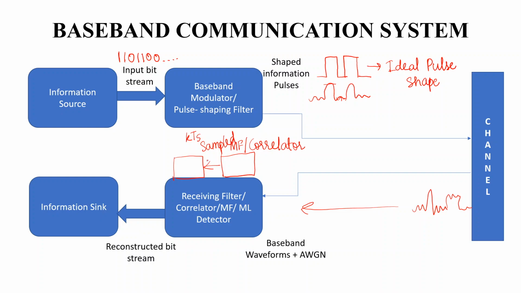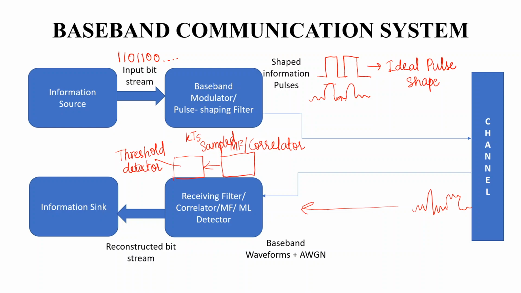This sampled output from the correlator will now be given as an input to the threshold comparator or the threshold detector. This threshold detector will decide whether the provided sample corresponds to symbol S1 or S2 in case of ASK.